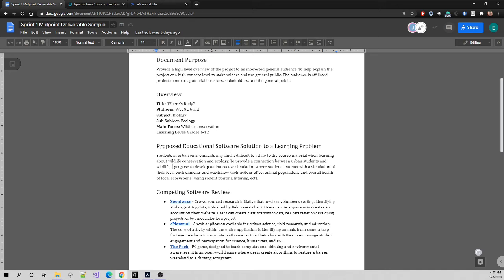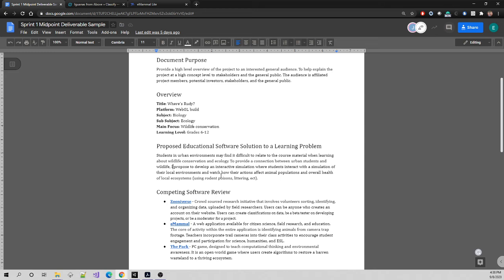And so we wish to provide a connection between these urban students and wildlife. In this way, we propose to develop an interactive simulation, a way for students who are removed from this knowledge to at least have an artificial or virtual way to connect with it.